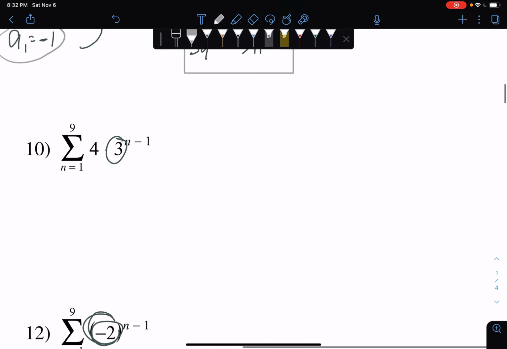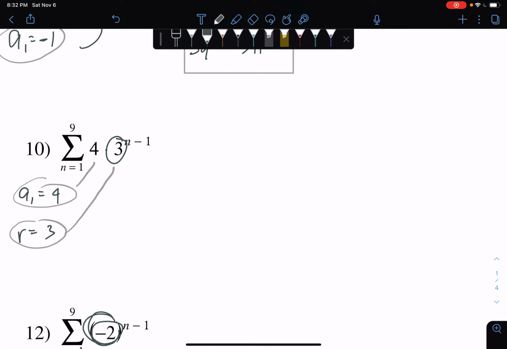Let's move to number 10. So our a sub 1 is equivalent to 4, our r is equivalent to 3. Therefore, let's move now to finding the S sub 9 value.